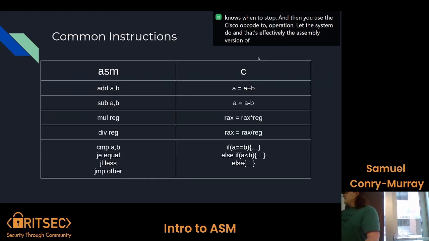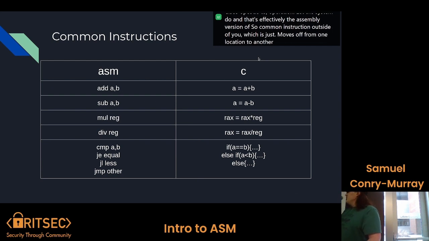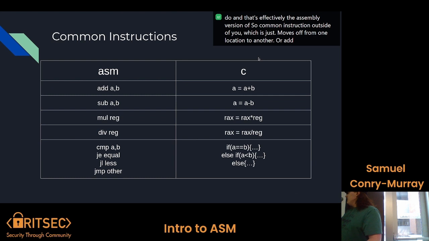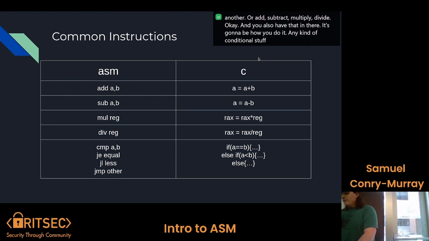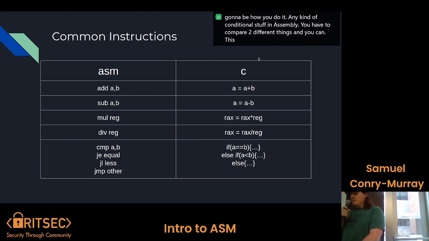Common instructions outside of move, which just moves from one location to another, are add, subtract, multiply, divide. And then you also have compare, which is how you do any kind of conditional in assembly. You have to compare 2 different things, and there's a whole bunch of different jump instructions.